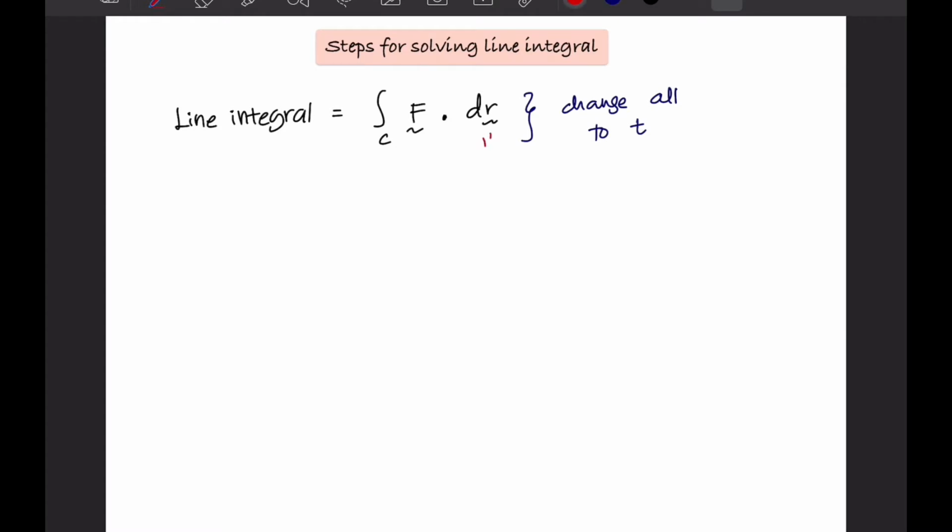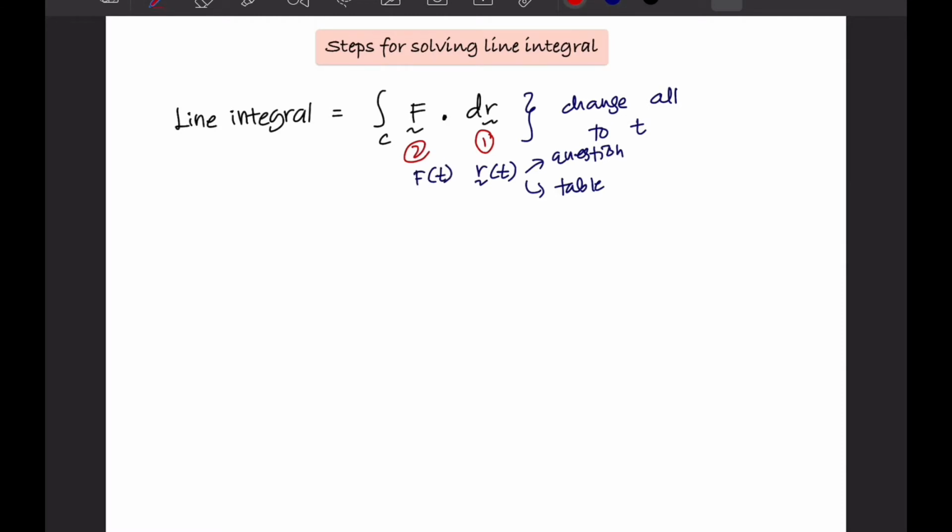The first step is to find dr. To find dr, you must first find r(t). r(t) is sometimes given in the question, or you can find it in the table. The second step is to find F(t). From the question you change to F(t).